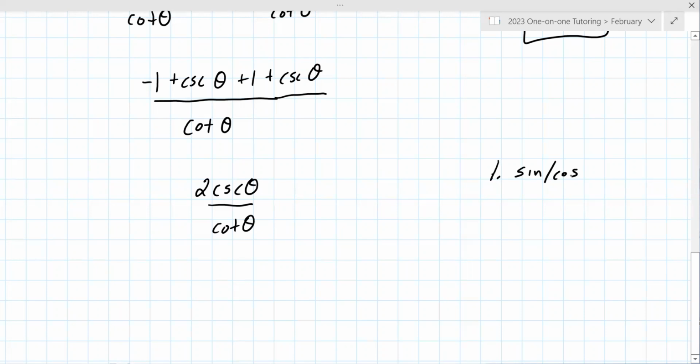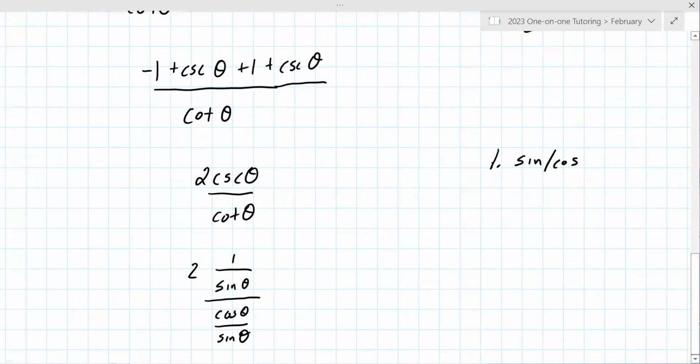Oh, so the bottom would become cosine over sine, and then cosecant would become 2 and then 1 over sine. Okay, very good. You're basically there, but you still have to do a little bit here, or at least acknowledge something.